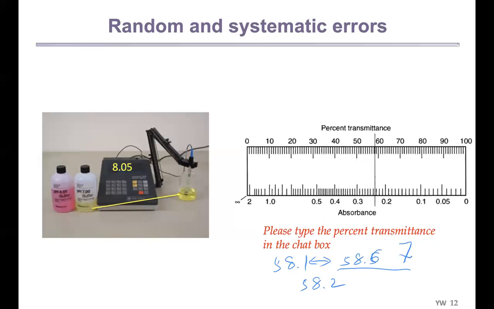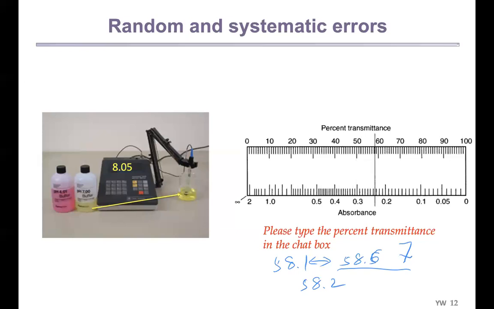But you see that there is a random deviation from each other when you're reading it. And even some of you try to correct your answer, right? You say, oh, the first time when I looked at it, I thought it's 58.1, but now I think it's 58.2, right? So what's the difference between these two types of errors? One is random, right?